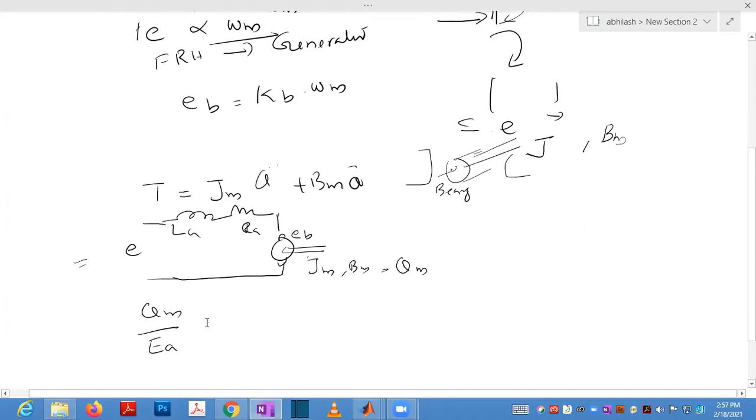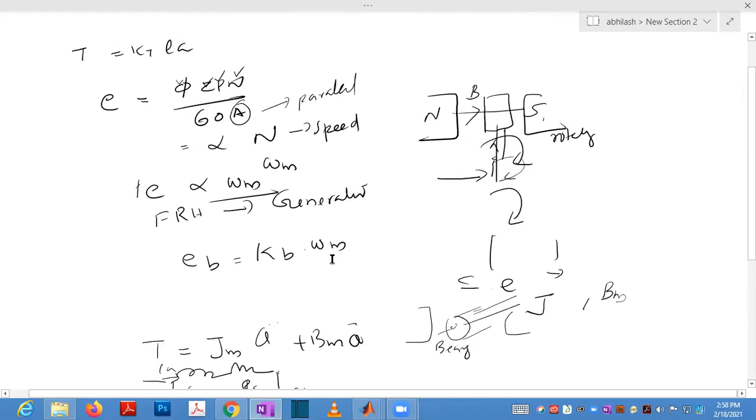First, a current will flow here, and that current is Ia. For the electrical part, Ea is equal to Ia into Ra plus La into di by dt, plus Eb.